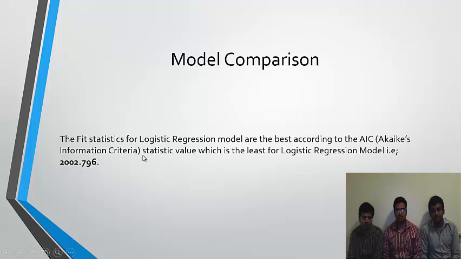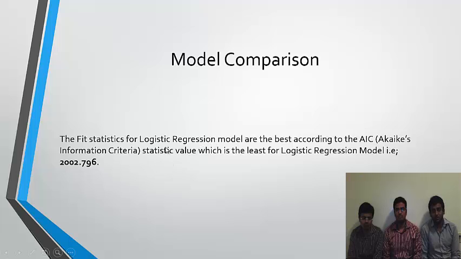So the model comparison, and so far we've been talking about only the false positive and true positive side of the model comparison. But we also look for the AIC value, that's Akaike information criteria statistic value, which should be very less for a model to be robust and to actually be used for various data prediction purposes.